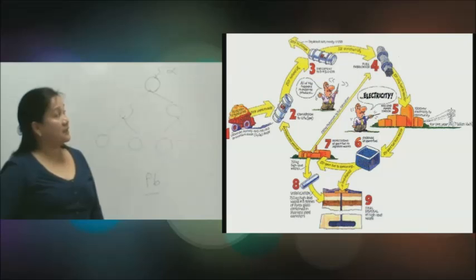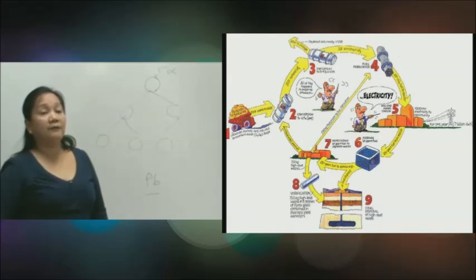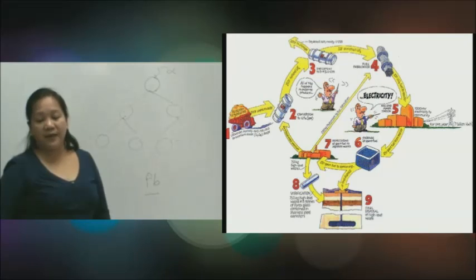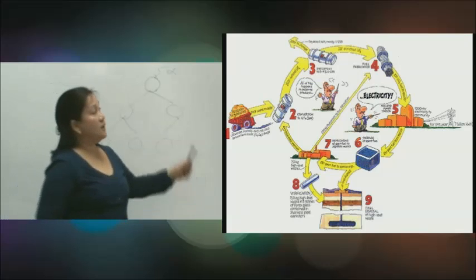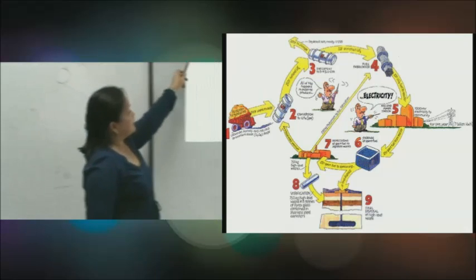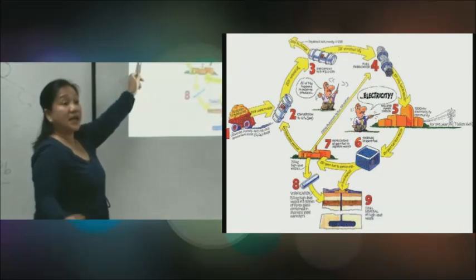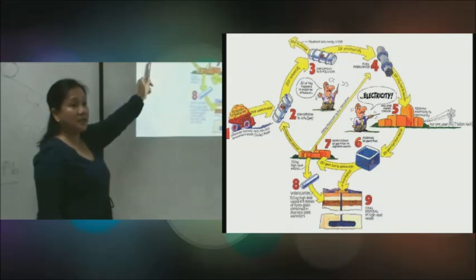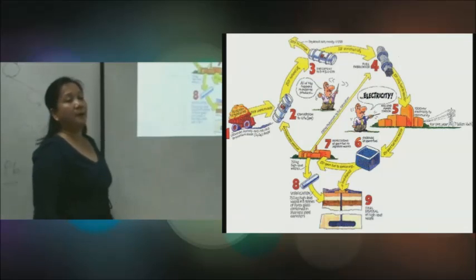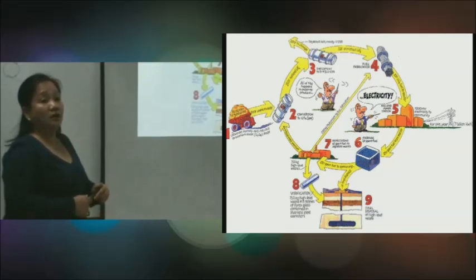This cycle would tell you further what other nuclear waste may be generated. So as mentioned, the uranium tailings will be recycled, so technically there is no waste. But still, if you're running the nuclear power plant, you have to ensure that all of these uranium tailings will be recycled.